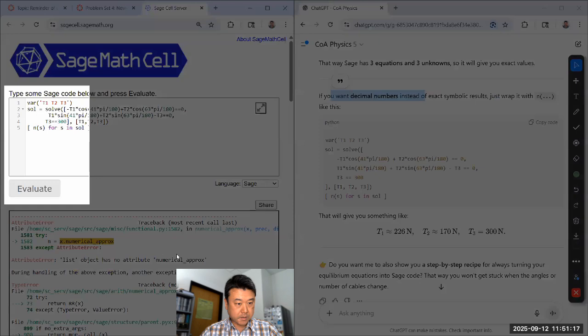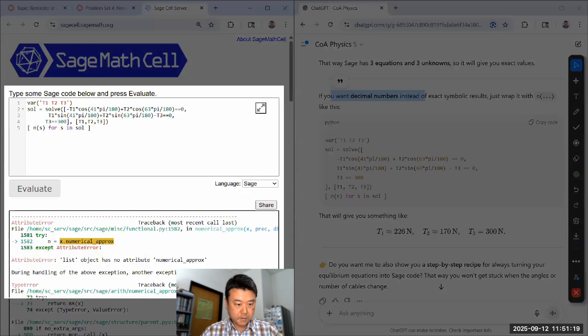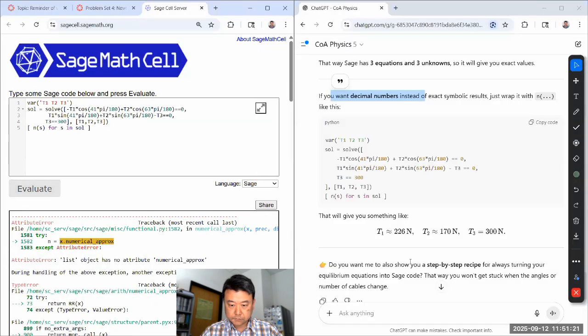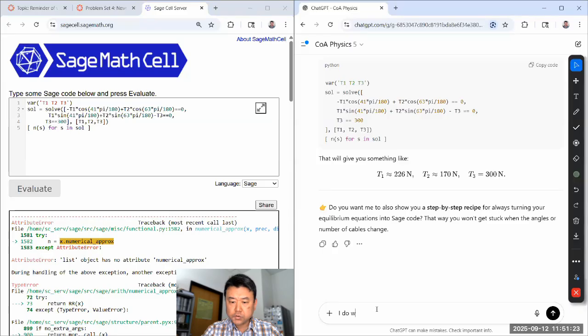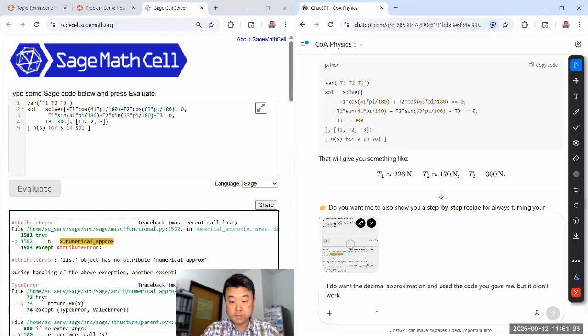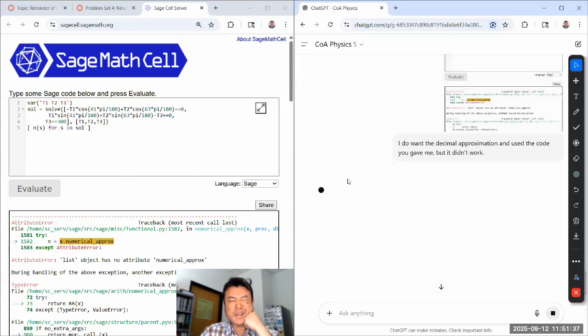So let's do it this way. I do want the decimal approximation and used the code you gave me, but it didn't work. I wonder if it'll tell me you have to do the right hand side.